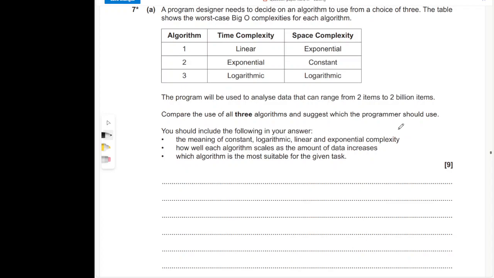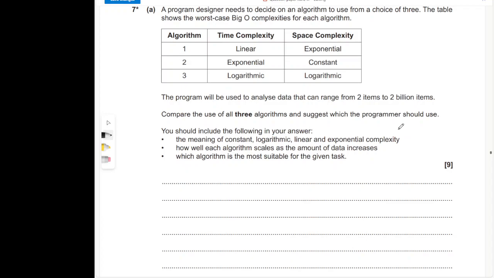Linear. What linear means in terms of time complexity is as you add more items, there's a direct proportion. There's a relationship. What that relationship is, we don't know. But as we add on more and more items, there is a linear change in the amount of time. So it might just add 1 second each time. We don't know what that actual is.